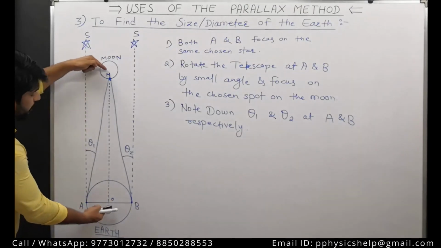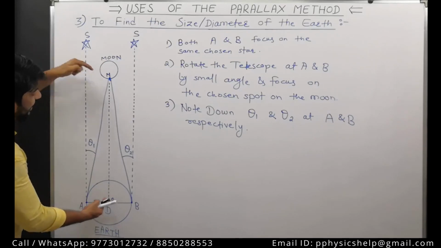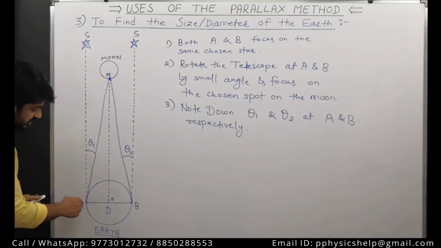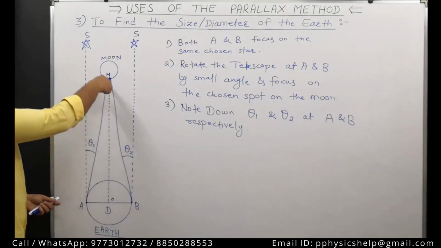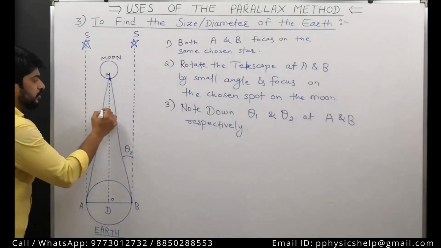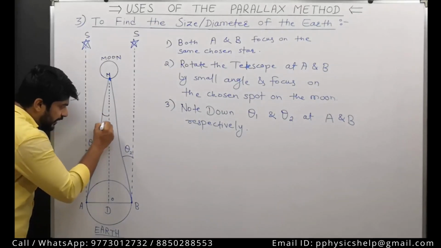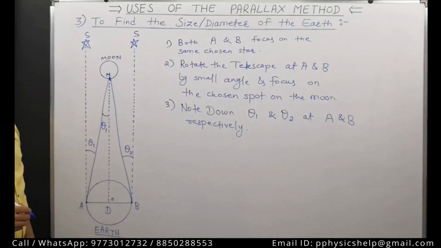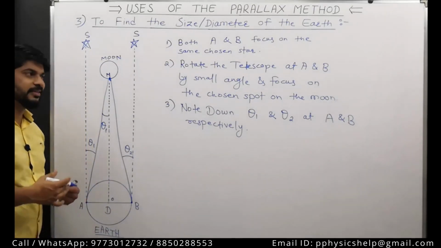So this line OM and this line AS are parallel to one another, and this line is joined in between the parallel lines. So according to the properties, since this angle is theta 1, this angle must also be theta 1, as you already learned in 9th and 10th.